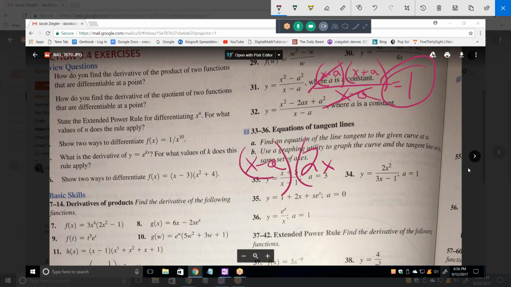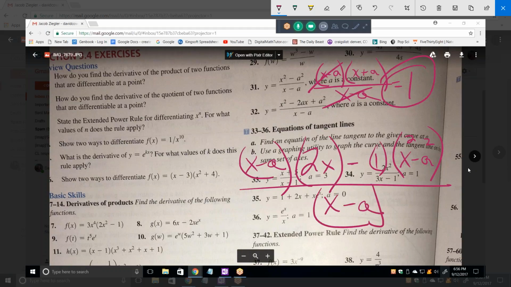Oh, yeah, sorry, I keep forgetting that. a is a constant, a squared is a constant. Minus 1 times x squared. All over x minus a squared.